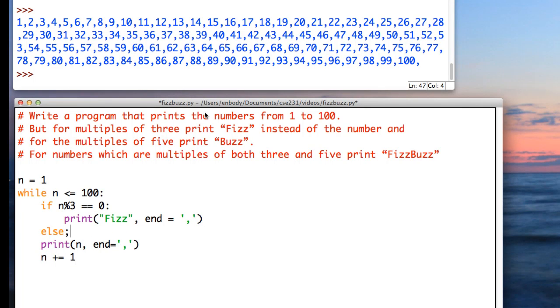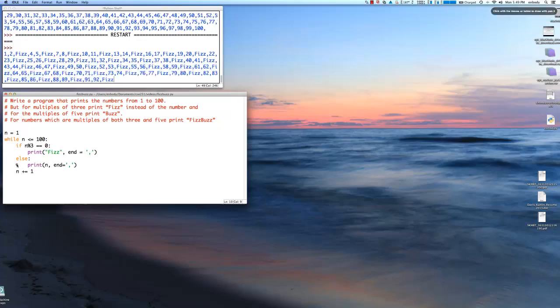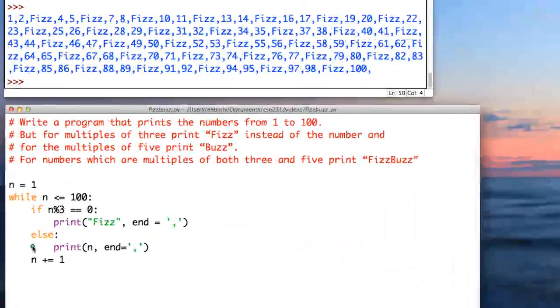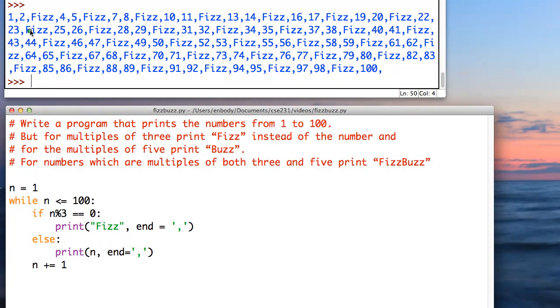Otherwise, we will print our number. When I'm printing the values, instead of 3, I have a fizz. Instead of a 6, I have a fizz, and so on.